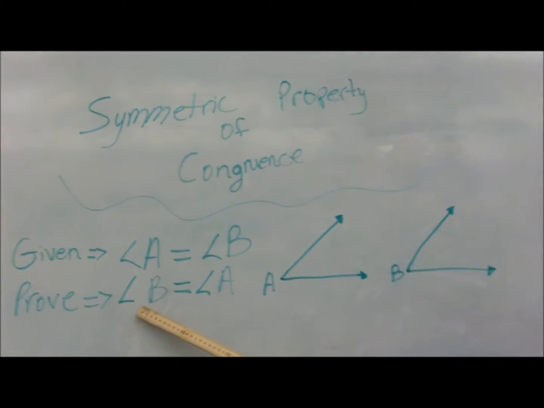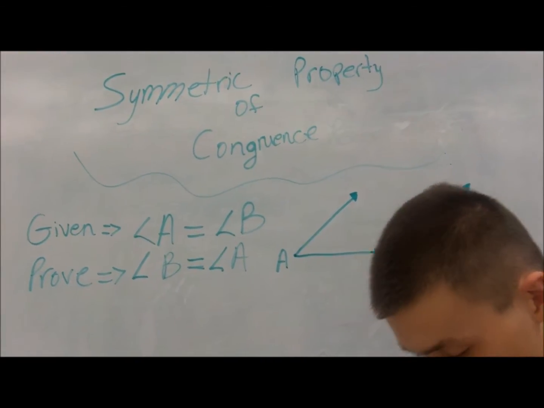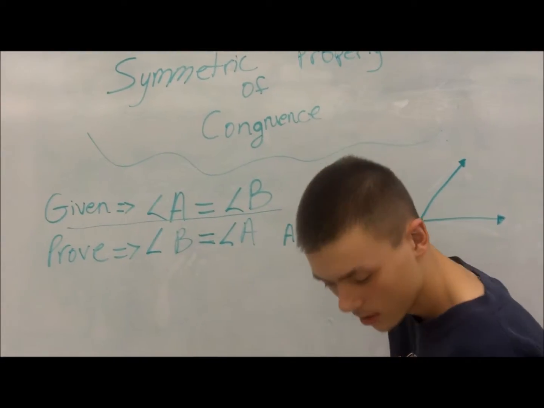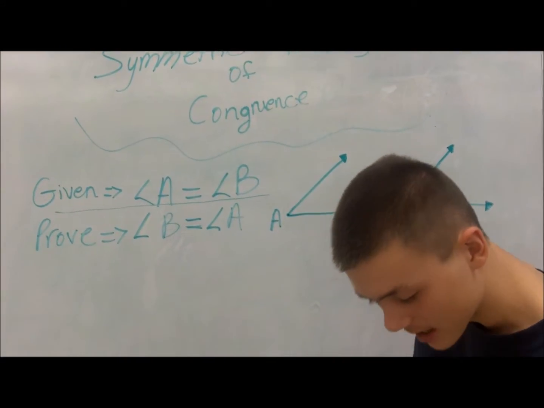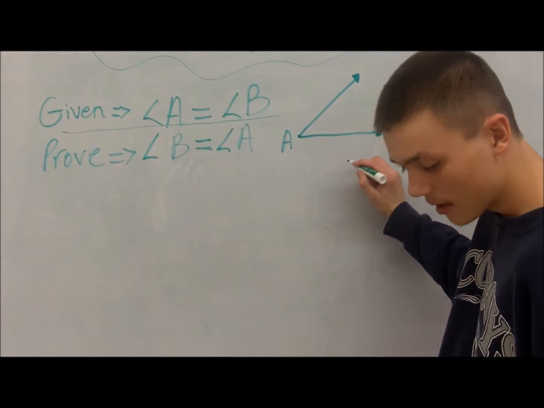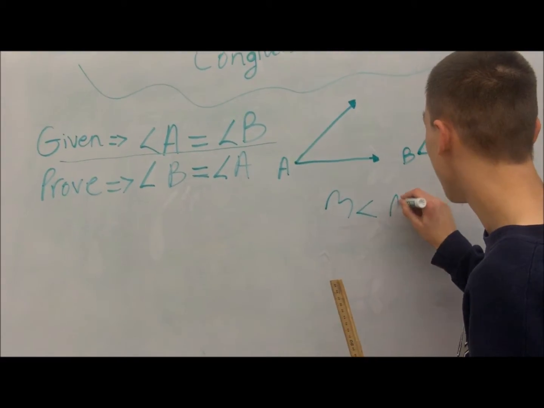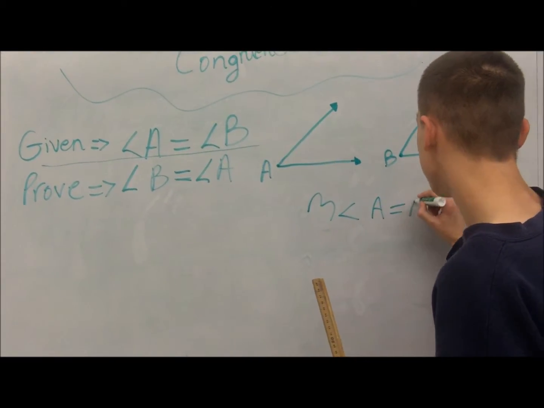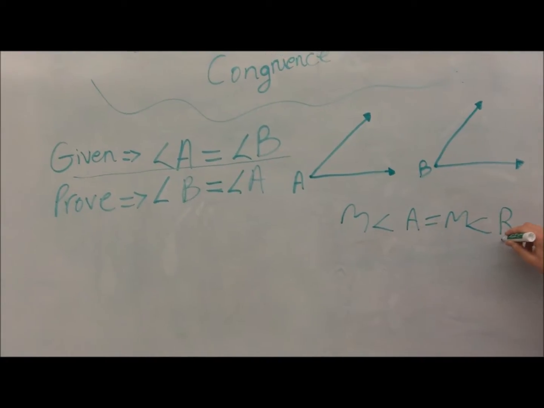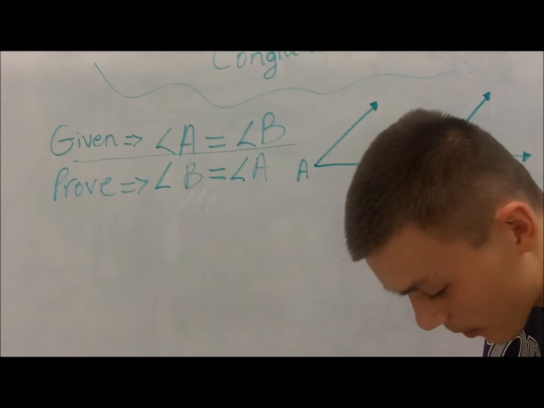We need to prove angle B equals angle A. Okay, first off, that's our given, right? Okay, so by the definition of congruent angles, the measure of angle A equals the measure of angle B. And I know my handwriting sucks, just pointing that out right now.